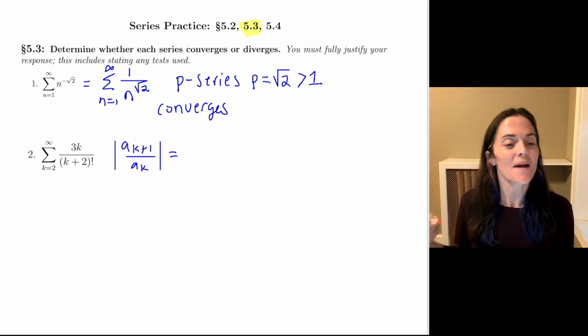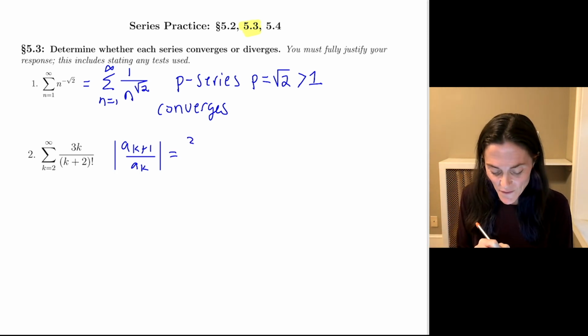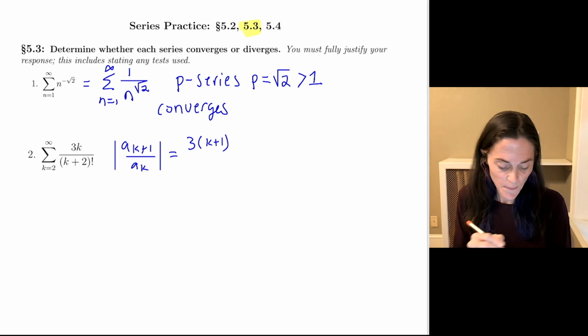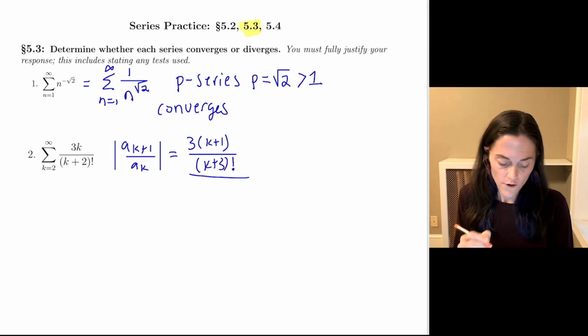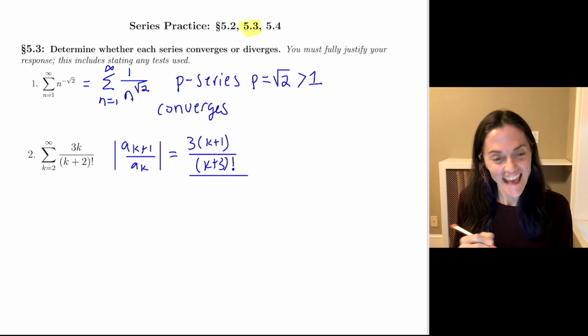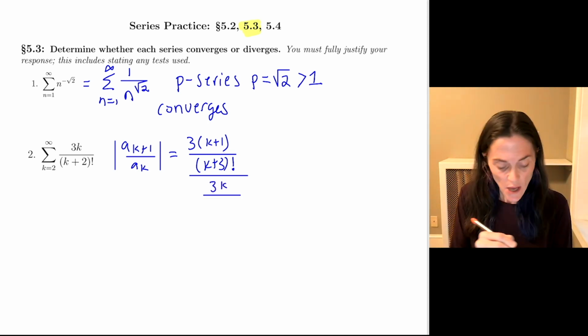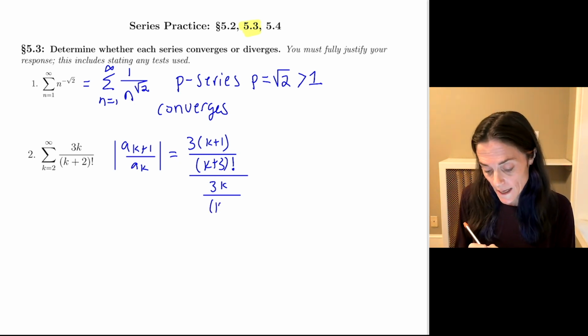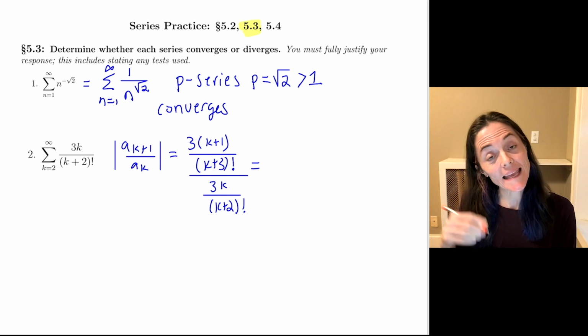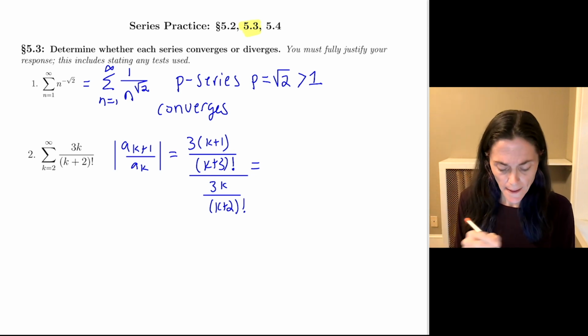Okay, evaluate at k plus 1. We have 3 to the k plus 1, and then divided by k plus 3 factorial, over, evaluate at k, 3 to the k over k plus 2 factorial. Well, at this point, what I do when I'm using a ratio test, I invert, multiply, and line things up so that they match.